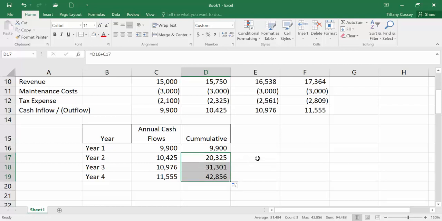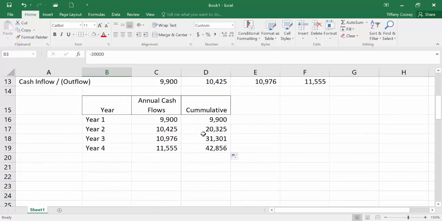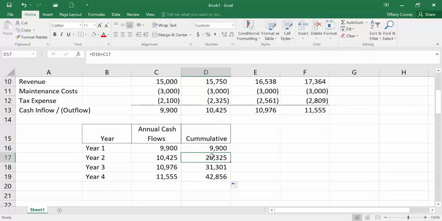You just keep adding the cash inflows to the list. Okay? And so then we have to figure out how long does this actually take to pay back? Well, our investment is $20,000, and by the time we get to year two, we have completely paid it back, and then some. So we know that our break is at year one, right?